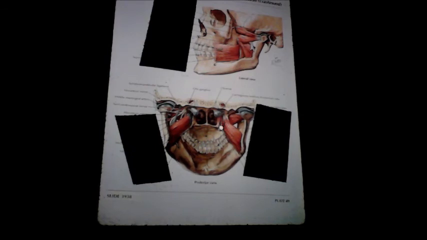Then I always consider the more complex one is the lateral pterygoid, where you go from vertical to horizontal. It does have two bellies, somewhat variable. Some it's obvious, others you can't see any difference at all, just one big massive muscle, and not that massive as well. So it's more obvious here than it actually is.